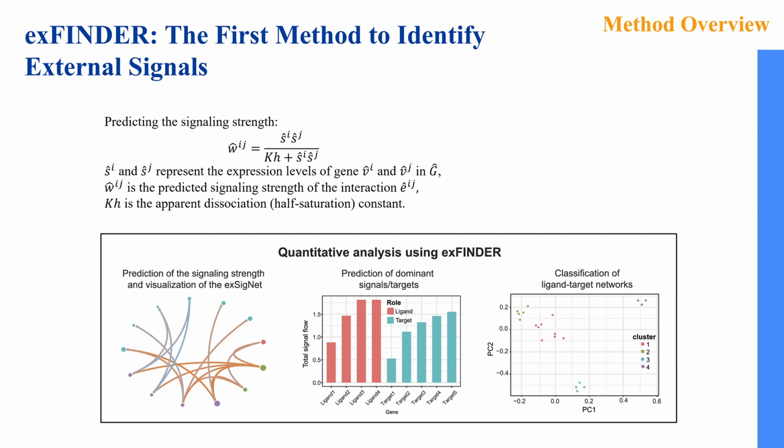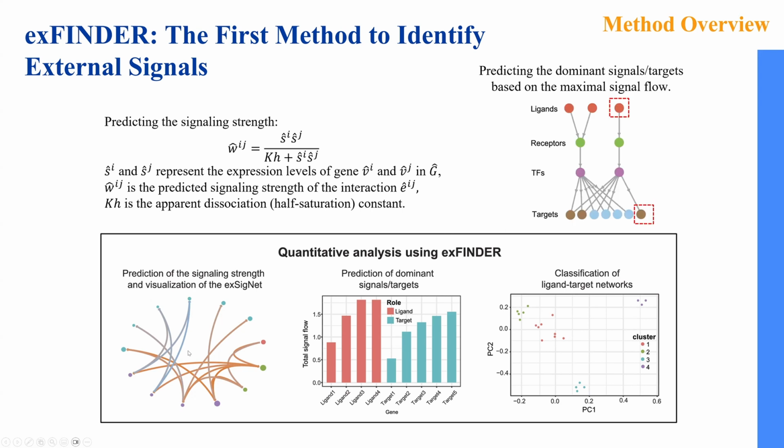The mathematical model here is relatively simple. Based on the law of mass action, we use this Hill function form to predict the interaction strengths between two genes using the gene expression levels. Then, based on the signaling strengths, we can color the edges to represent this strength. This becomes a weighted and directed graph, where each edge is weighted by this strength.